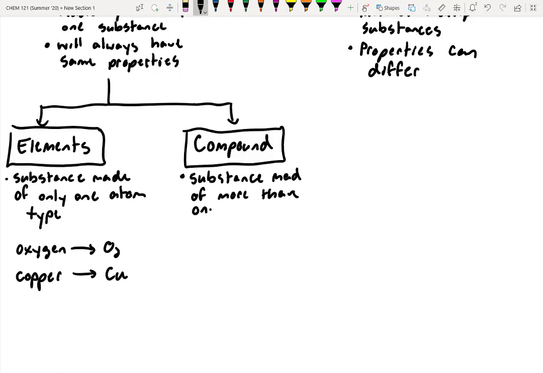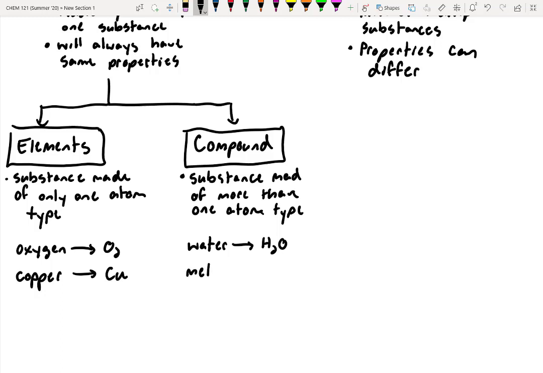More than one atom type. And a good way of thinking about this is if we look at something like water. Water is going to be H2O, which means we've got two hydrogen atoms and one oxygen atom. Therefore, the hydrogen is different than the oxygen. It must be a compound.